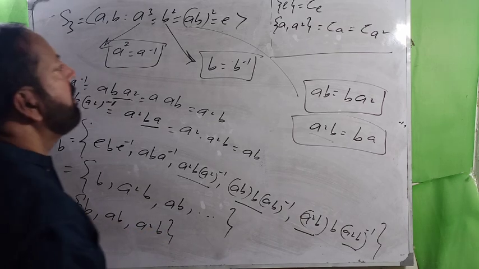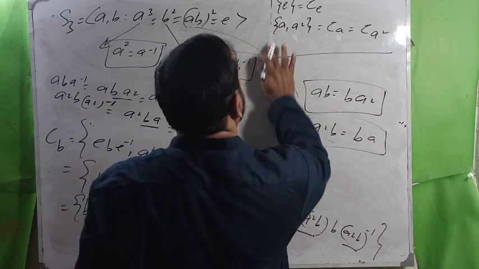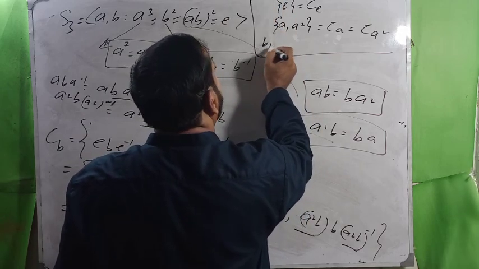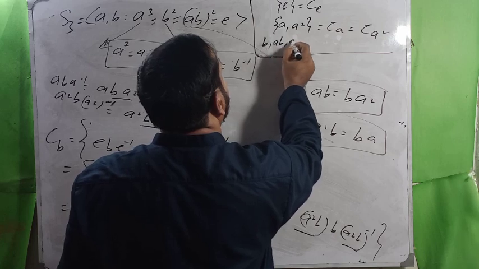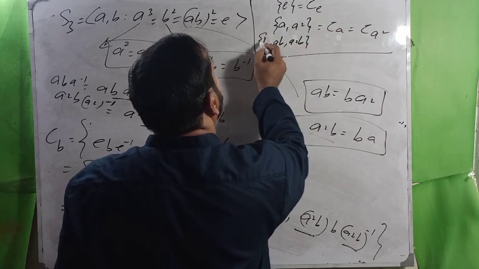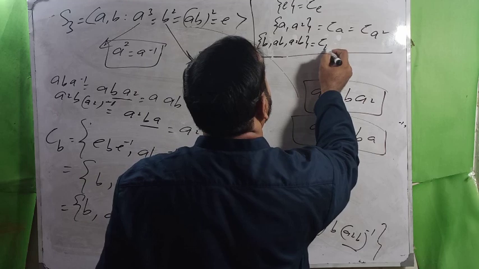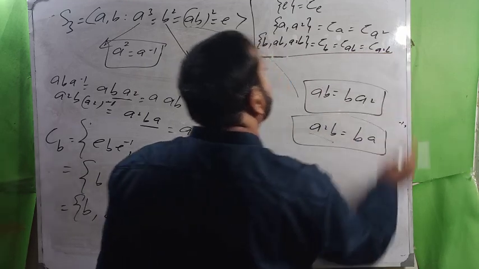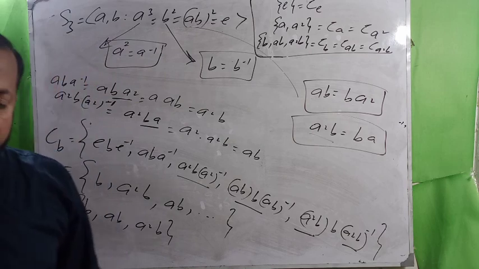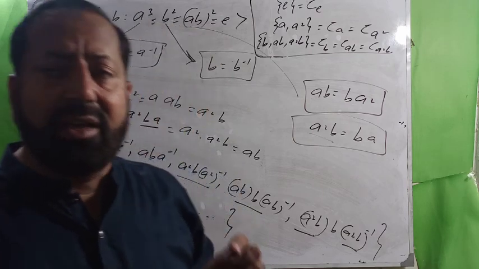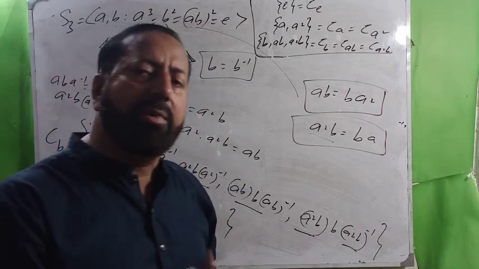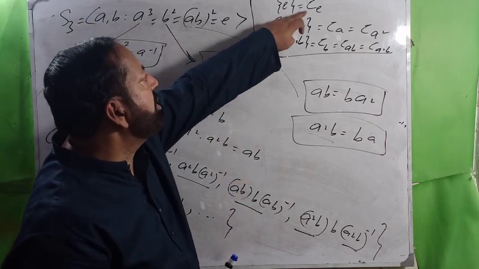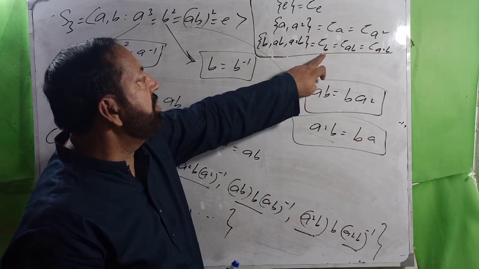So the third class is B, AB, A square B, and this is generated by CB, also by CAB, also by CA square B. So these three elements B, AB and A square B are generating the same class, right? We have three classes: CE, CA and CB.